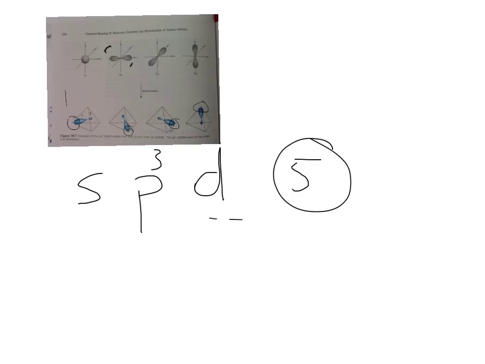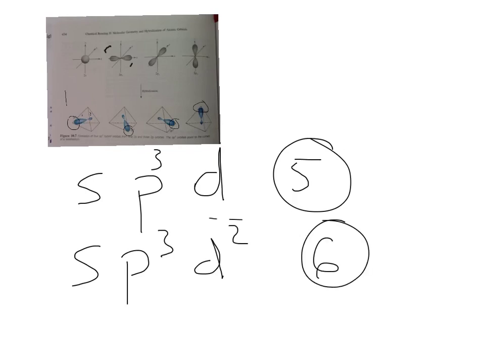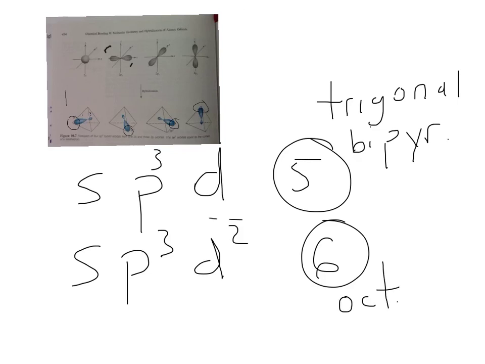And again, if you need 5 hybrid orbitals, that expands the octet. And then there's sp3d2, which has 6 hybrid orbitals. And again, if you add up all the atoms bonded to the central atom plus the number of lone pairs, you come up with 6. You know the hybridization on the central atom is sp3d2. And this goes along with the trigonal bipyramidal arrangement of electrons, and this goes with the octahedral arrangement of electrons.